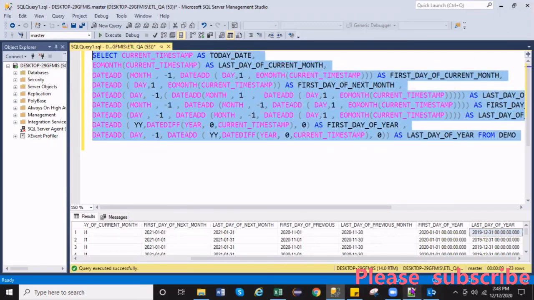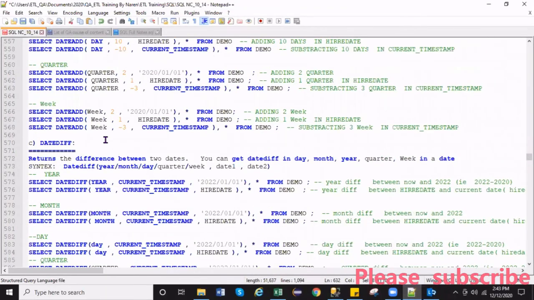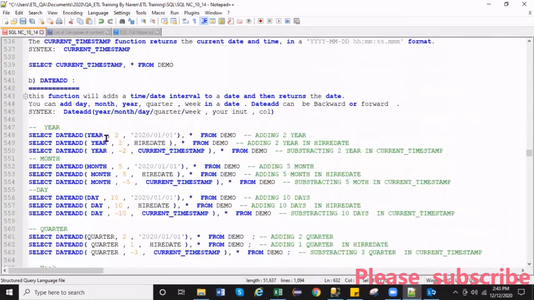Let's recap quickly what we have learned today. So today we learned date functions, and we learned how to find the current date, right? We also learned how to add to a specific date. We can add a month, year, day, quarter, week. We can add negative, we can add positive.